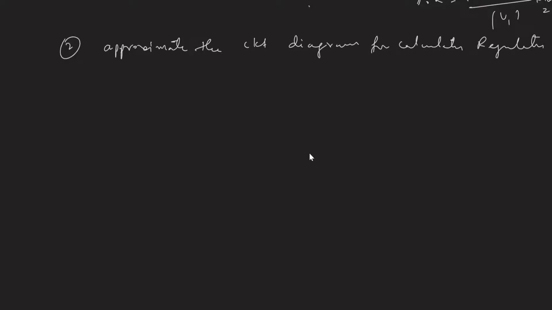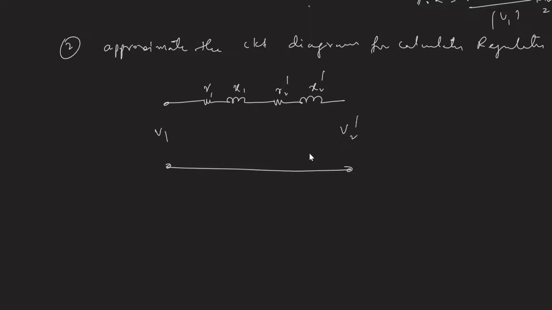Okay, what we do, we eliminate the shunt branch and take only series impedance values of the transformer. Now shunt branch is removed, right? So this is R1 X1, R2 dash, X2 dash, this is V1, this is V2 dash.